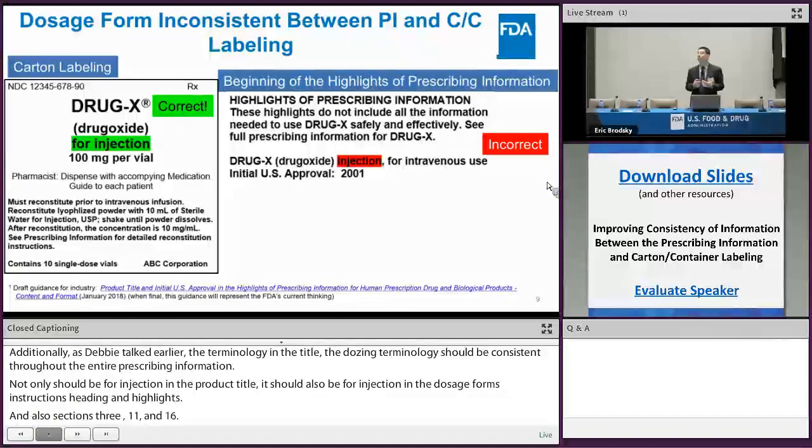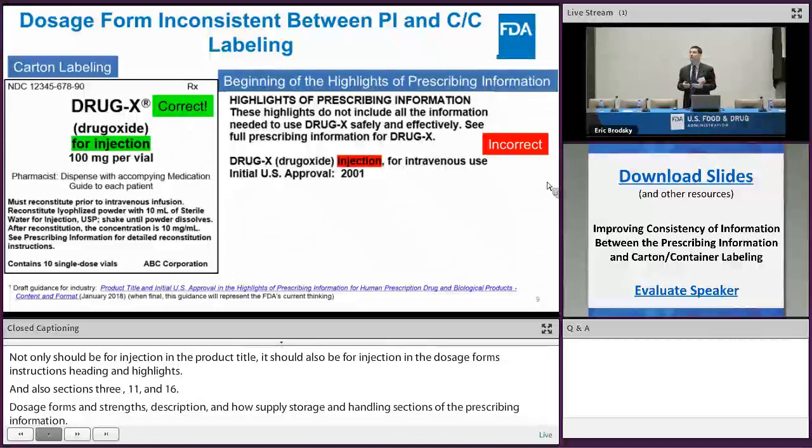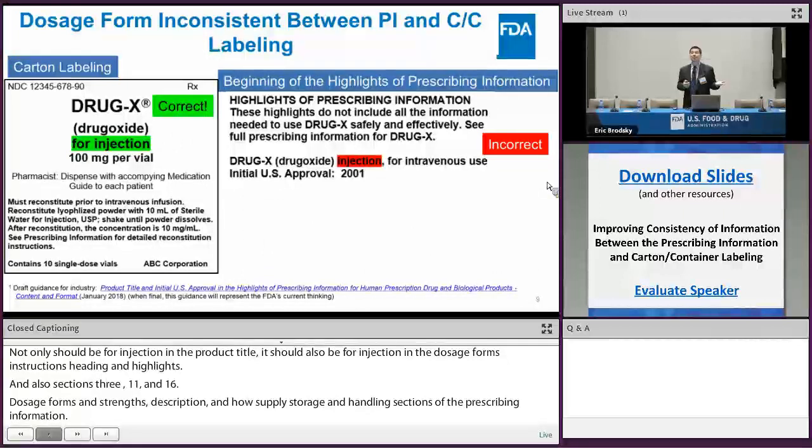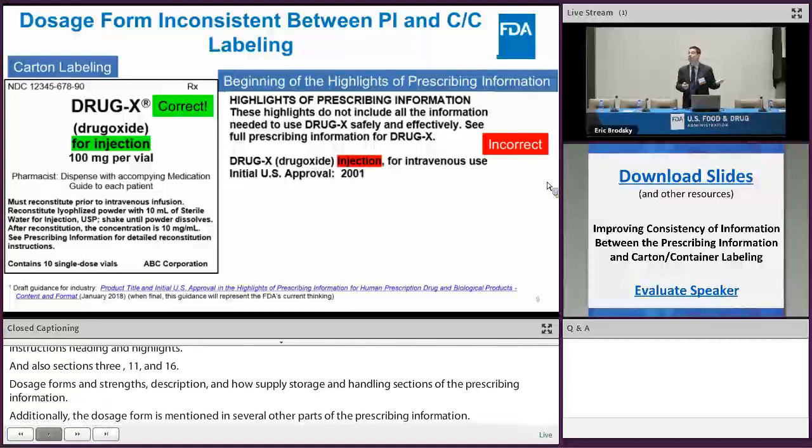Additionally, the dosage form is mentioned in several other parts of the prescribing information. For example, it's typically mentioned after reconstitution in section 2, dosage and administration. We should use that terminology consistently.